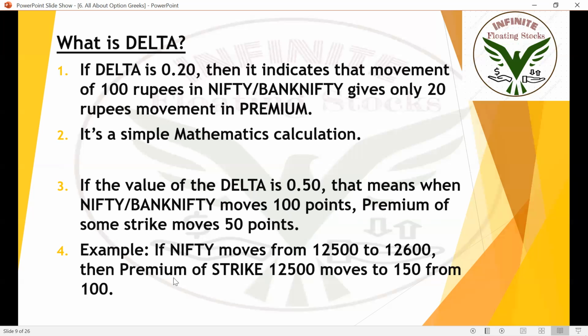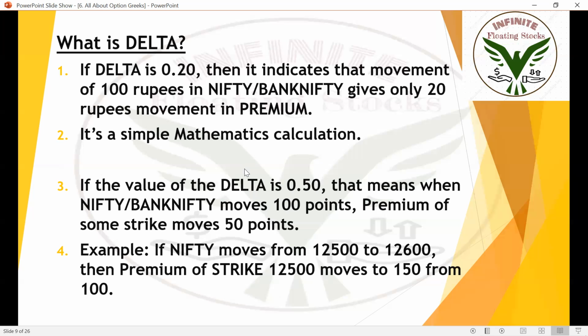Now the premium of strike 12,500 moves from 100 rupees to 150. When you bought strike 12,500 by paying 100 rupees premium, it went to 150 when Nifty moved from 12,500 to 12,600.